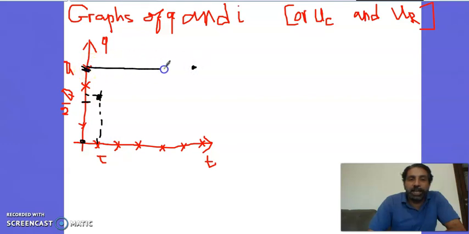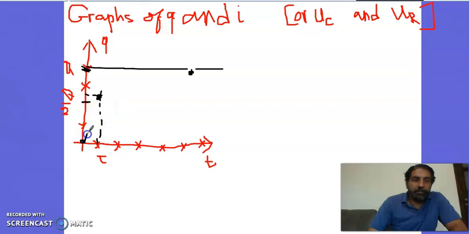So this acts as a horizontal asymptote. Now draw the graph.